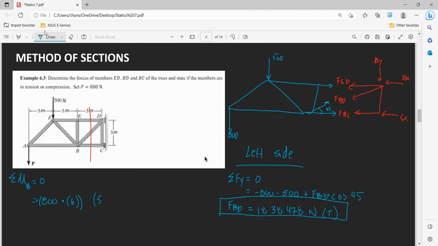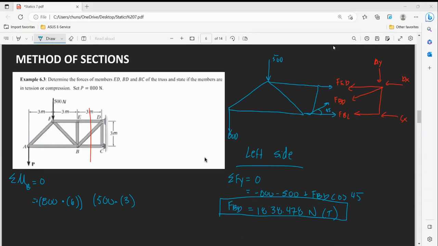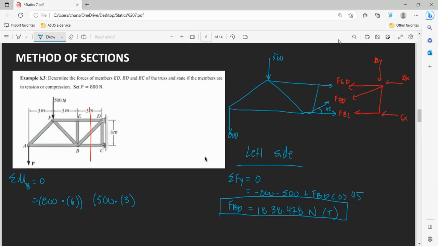So this would be 500 times 3. And we would have to go in a clockwise direction to get there. So this is in a counterclockwise, so that's positive.